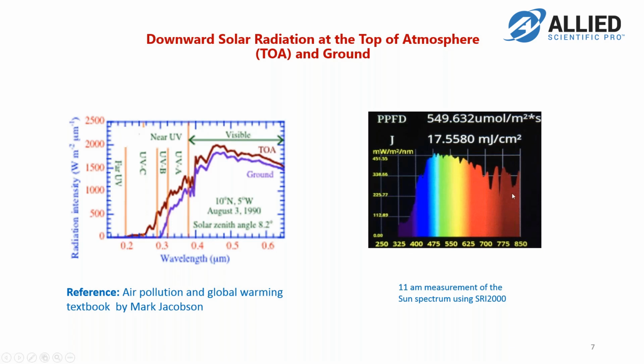The solar spectrum has some absorption lines due to oxygen and water, and it's basically a black body, but it's affected by these absorption lines. On the left diagram, you see the ground level and the top of the atmosphere, and you can see that 80% of UVA gets through, only about 20% of UVB gets through, and none of the UVC. This is just due to blocking by the ozone layer.